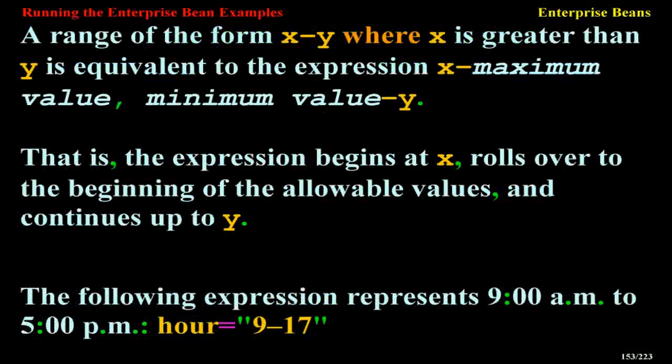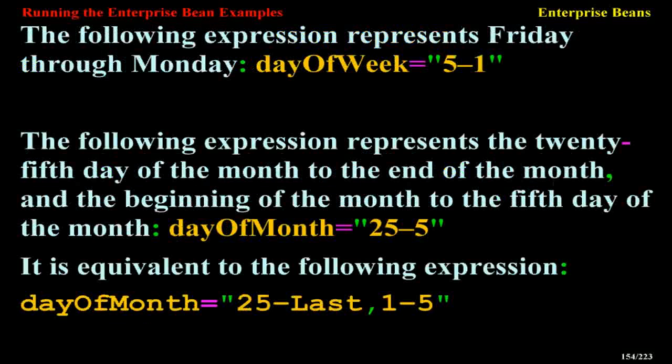That is, the expression begins at x, rolls over to the beginning of the allowable values, and continues up to y. The following expression represents 9 a.m. to 5 p.m.: hour equals 9-17. The following expression represents Friday through Monday: day of week equals 5-1.